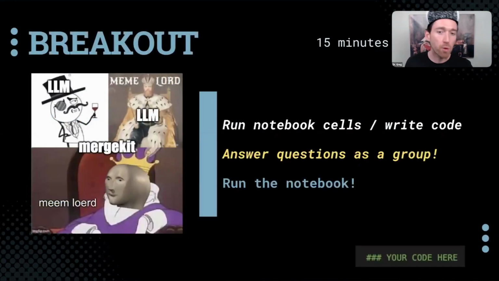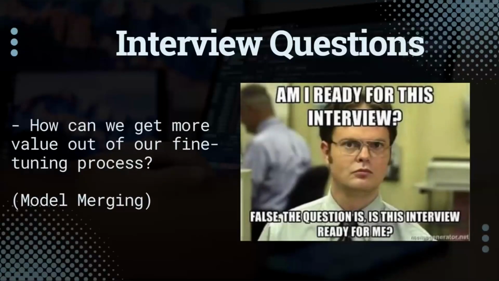Okay, back from the breakouts. I want to throw a quick shout out to anybody that might have an interview coming up. What you might hear on this kind of front is: how can we get more out of our fine-tuning process? Is fine-tuning useful? One of the answers that I would suggest is what we talked about earlier. You can imagine a future where many companies have many tens or hundreds or even thousands of models.